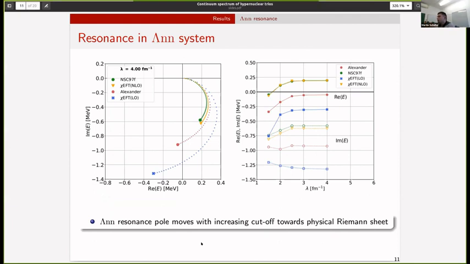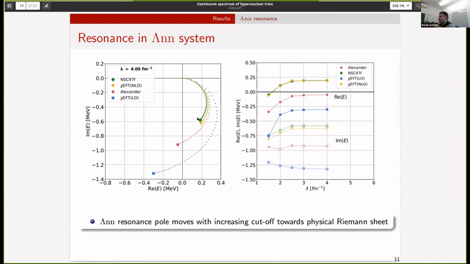If we perform this calculation for the lambda-NN system, in the left panel we can see the calculation for one cutoff, lambda equal to 4, and different sets of scattering lengths. If we decrease the auxiliary attractive three-body force from the point of bound lambda-NN, the lambda-NN resonance moves in the complex plane, and at some point it arrives at its physical point, given here by these large symbols.